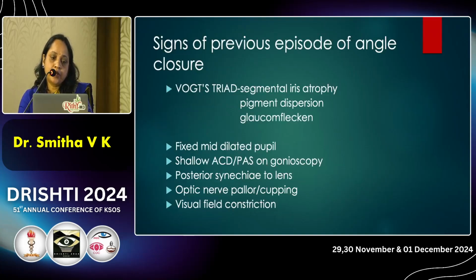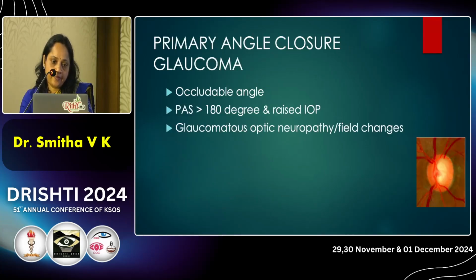The signs of previous episodes of angle closure include Vogt's triad, which includes segmental iris atrophy, pigment dispersion, and glaucomflecken, with a fixed mid-dilated pupil, shallow anterior chamber, peripheral anterior synechiae on gonioscopy, posterior synechiae to the lens, optic nerve head pallor or cupping, and visual field constriction.